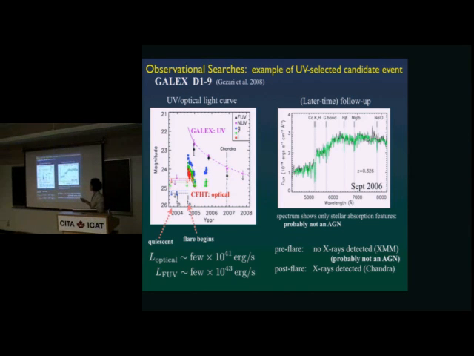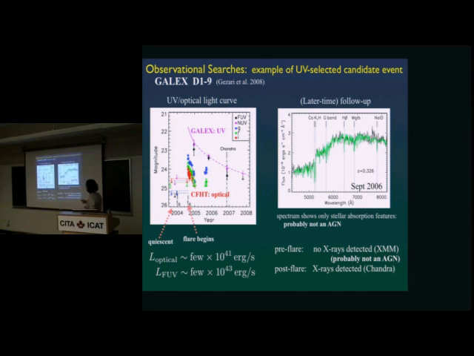So to show you more about how these observational searches so far work, I'm showing you an example of a UV selected candidate event from GALEX. On the left is the light curve for the event, magnitude as a function of time in years. The purple and black points are the near UV and the far UV points from GALEX, which is how the event is identified.